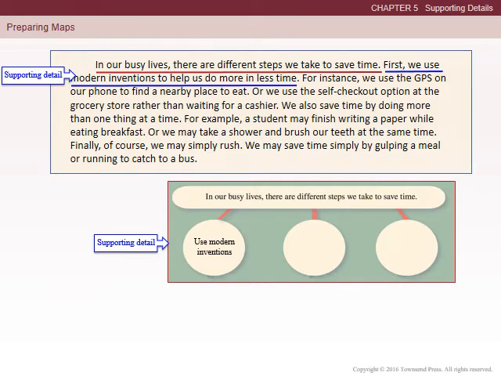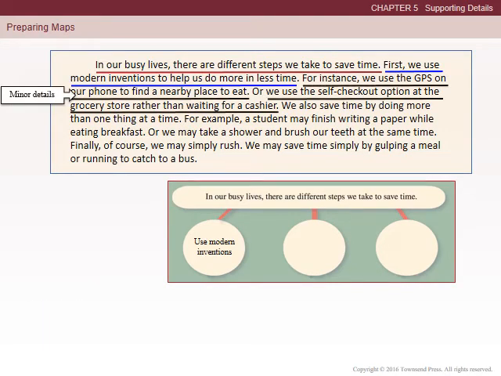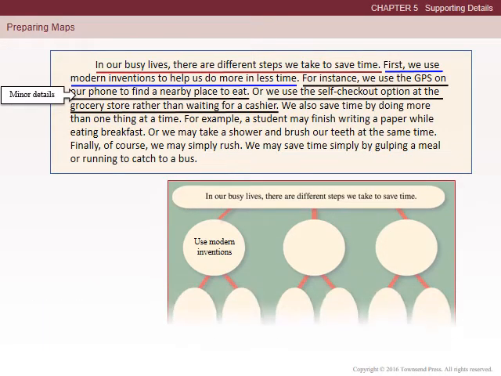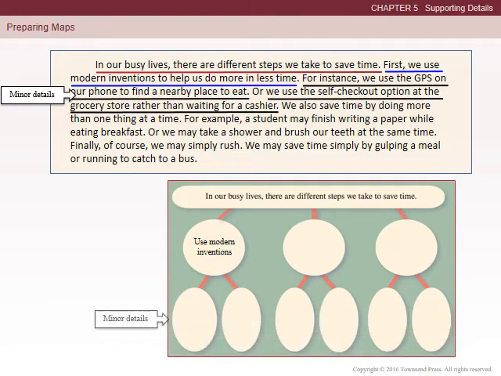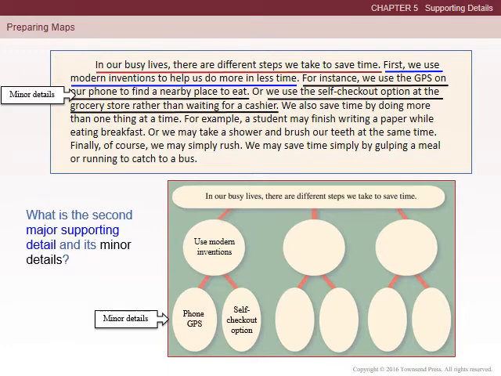So the next major supporting detail is introduced. This is the minor supporting details. I'm sorry, I'm skipping ahead. So for the minor supporting details, we draw another set of lines and we go down and include them there. But again, we're not writing out the whole thing.